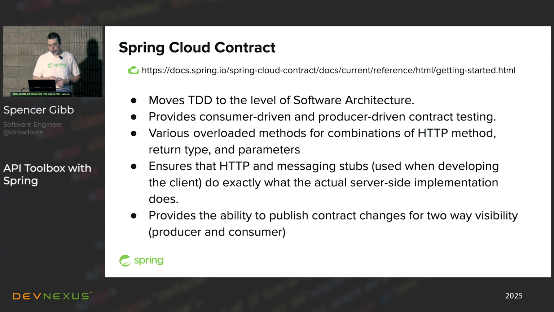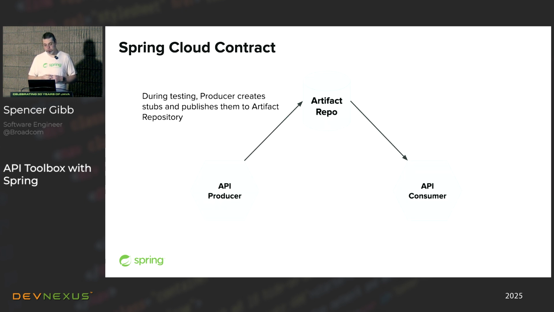Yes. So basically, the producer pushes these stubs to a repository that the consumer can pull down and run as part of their testing. That doesn't show their shapes on that. That's hilarious.